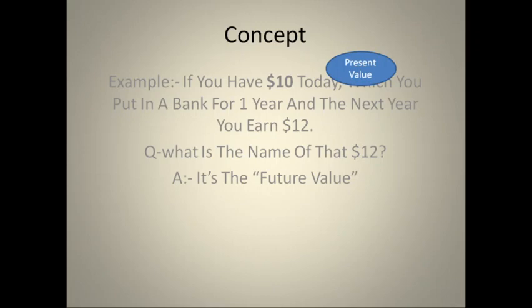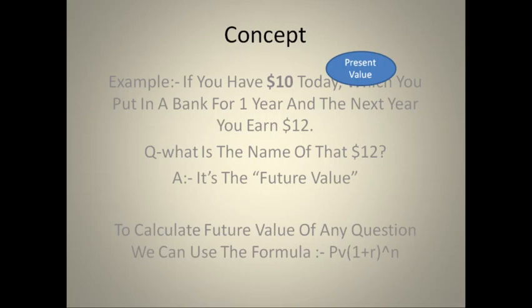Now suppose in the exam you come across a question asking to find out the future value. So the formula that you will be using is FV = PV × (1 + R)^N. We'll be solving many questions based on this formula, so please do not worry about it.